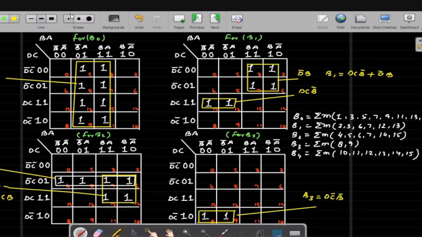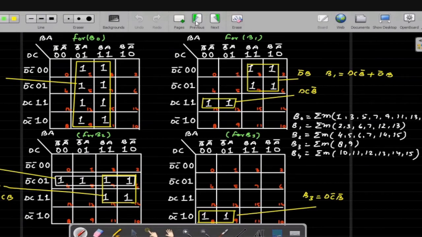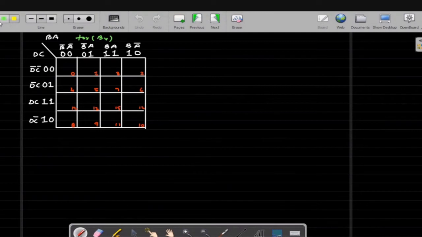Now let's solve for B4. For B4 the minterms are from 10 to 15: 10, 11, 12, 13, 14 and 15. Can you tell me what kind of grouping you can make? Two chords, very good.